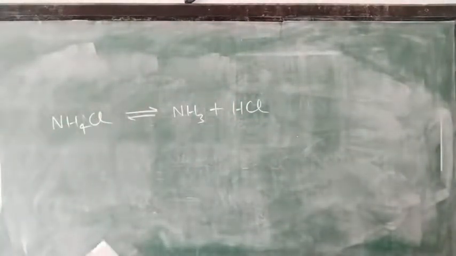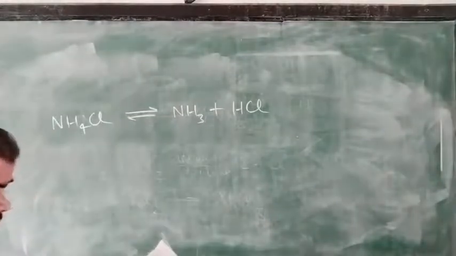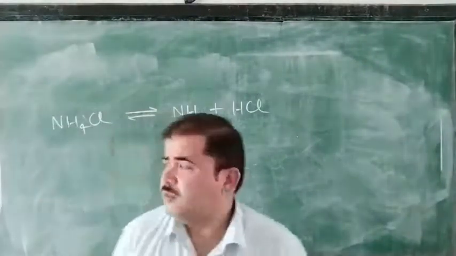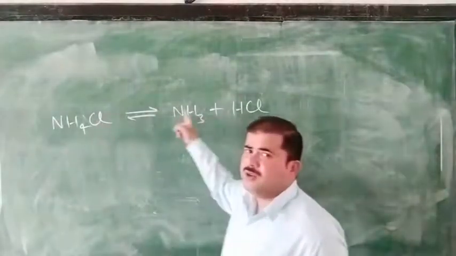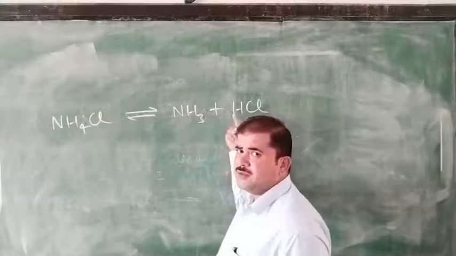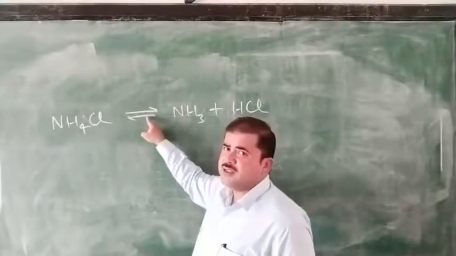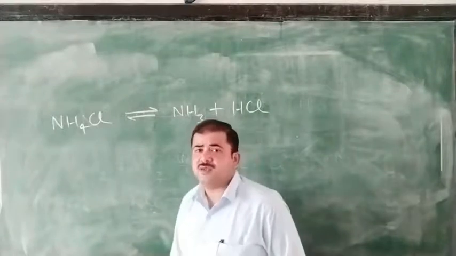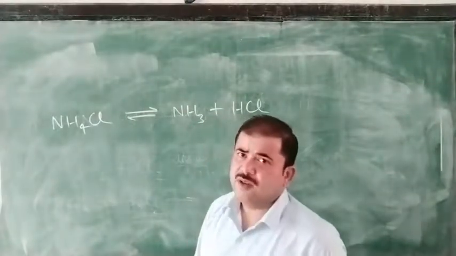In this equation, we can see this is an example of a thermal dissociation reaction, because one substance breaks down into two simpler substances, and a reversible sign is present. So that's why this is an example of a thermal dissociation reaction.